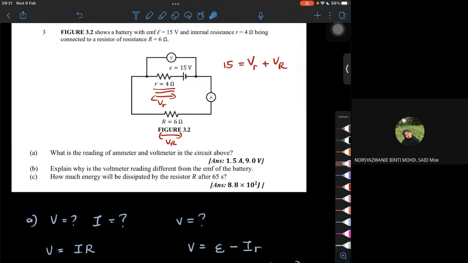So voltmeter reading kita tadi kita sudah kirakan which is equal to 9 volt, but battery is 15 volt. Kenapa dia tidak sama? Boleh Syazwani? Tak dapat. Okay. Tak apa. Ada yang tahu? Yang boleh volunteer?